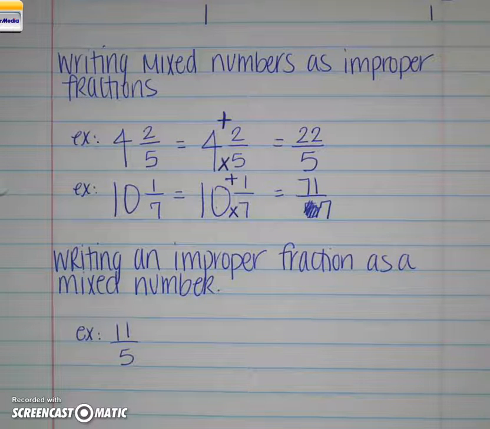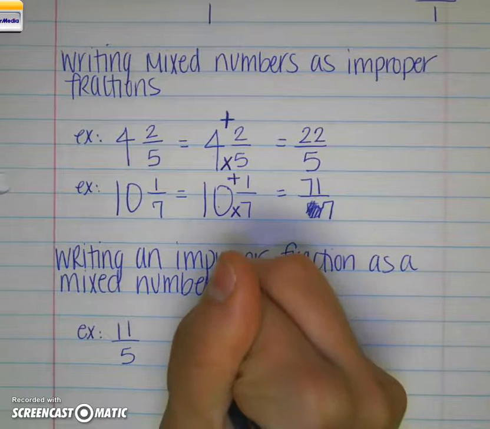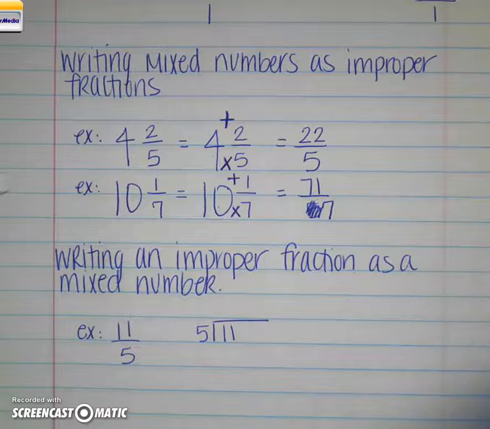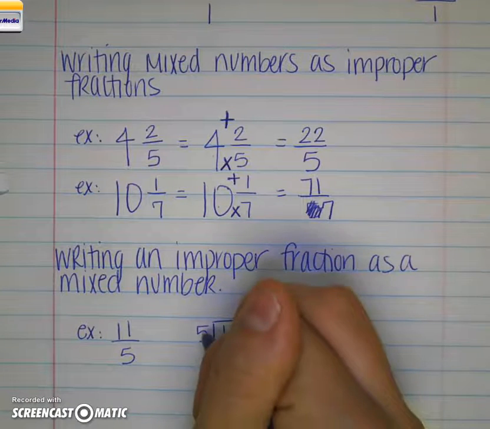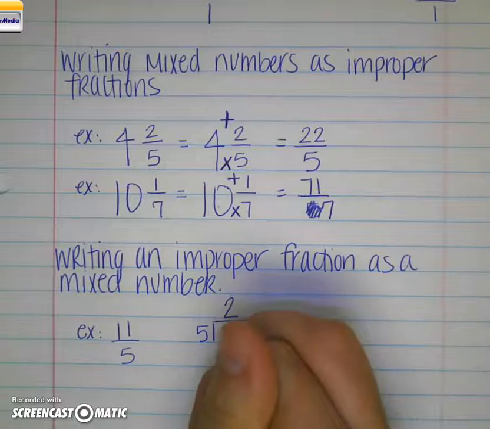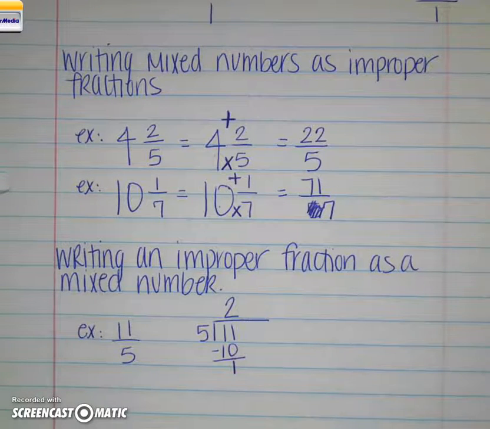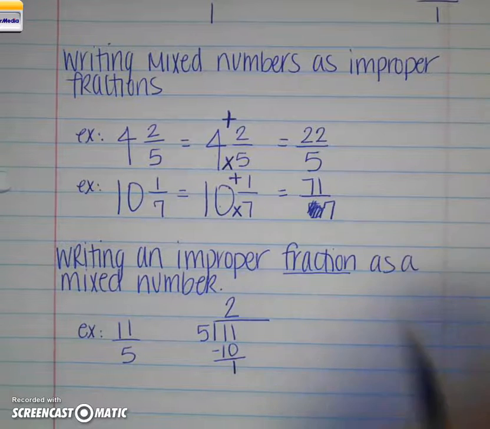Now the way that I'm going to take an improper fraction and change it into a mixed number is I'm going to TiVo it. Okay, so I'm going to do top in, bottom out. And then I just start dividing. 5 divides into 11 2 times. 2 times 5 is 10. Now, unlike when we were changing our fractions into decimals, I don't want to leave it in a decimal because I'm trying to write it as a fraction here.